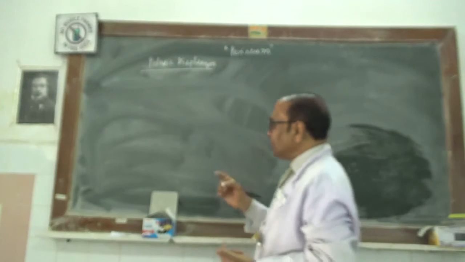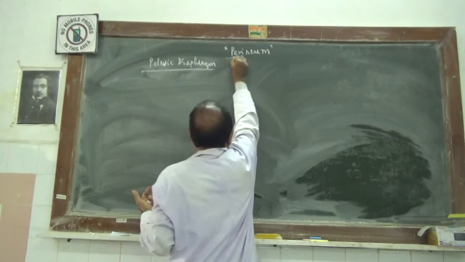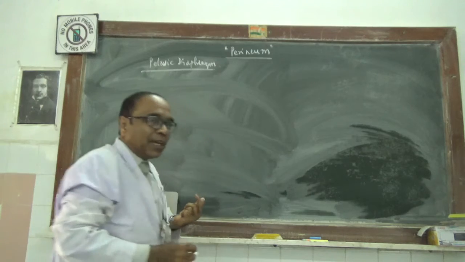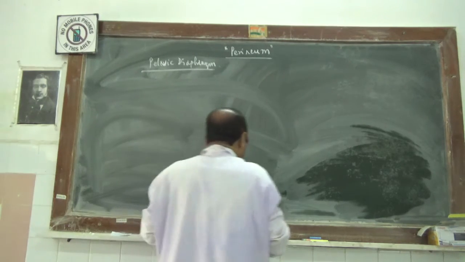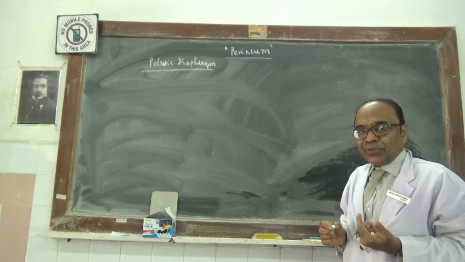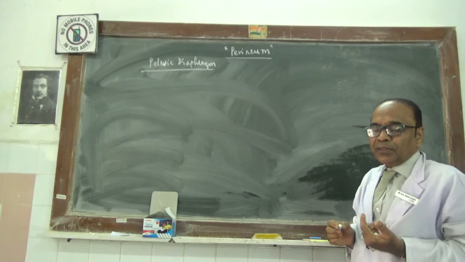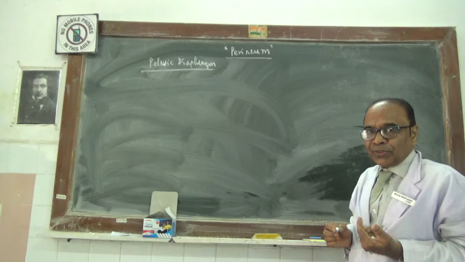Now this perineum is the one which is present at the outlet of the pelvis, and is present in between the two thighs.